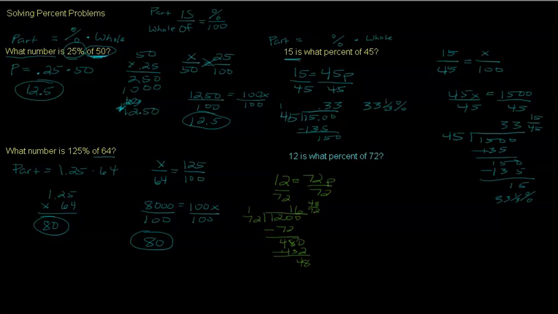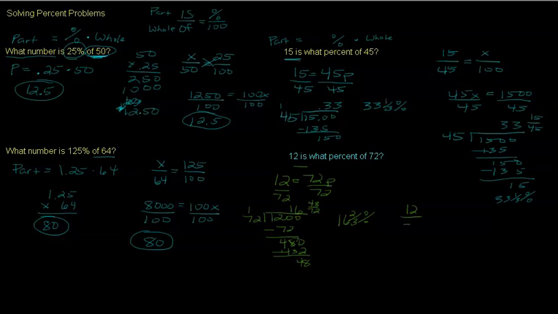All right, and 24 can go into both of these, so it's going to be 16 and 2/3%. Okay, and then if we use the proportion way, this is our is.